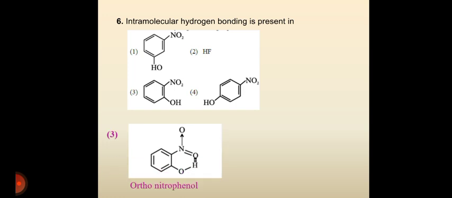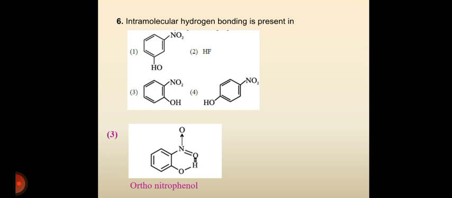So the next question is, intramolecular hydrogen bonding is present in, we have 4 molecules. The correct answer is option 3, orthonitrophenol.